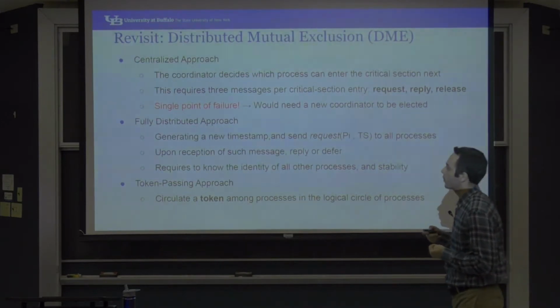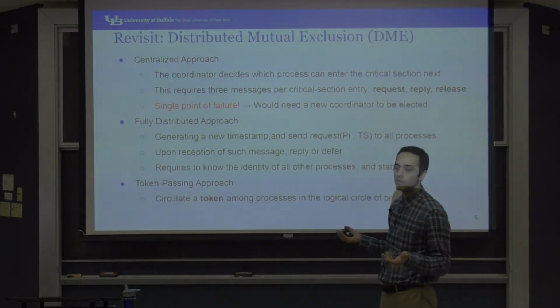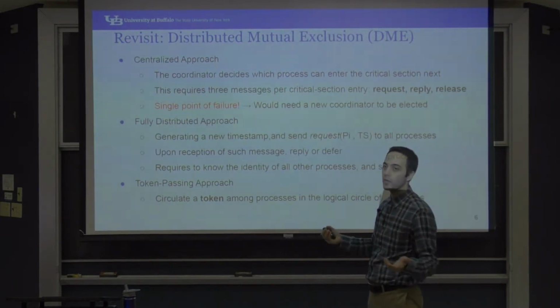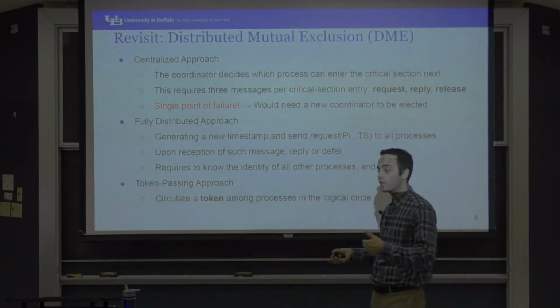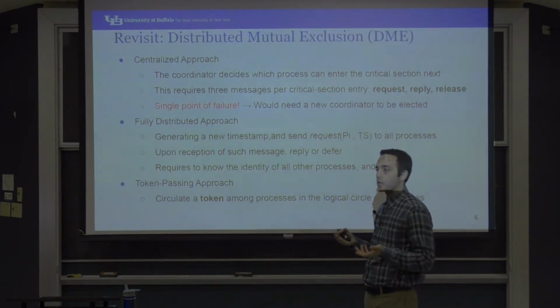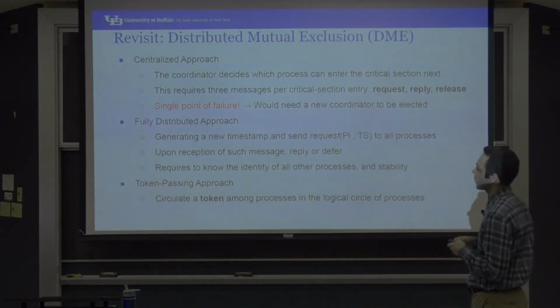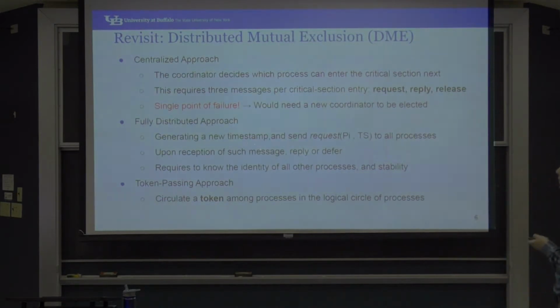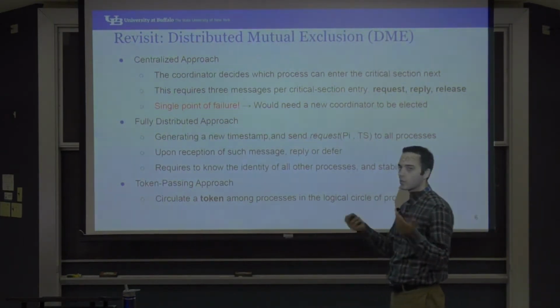In the fully distributed approach, everyone generates their own timestamp for the request and sends it to everyone. Instead of one coordinator, they get permission from everyone. However, not everyone is going to enter the critical section at the same time, or has the intention to. Each node sends a request message with a timestamp to everyone else.